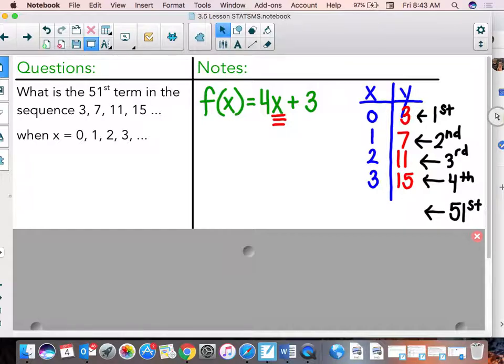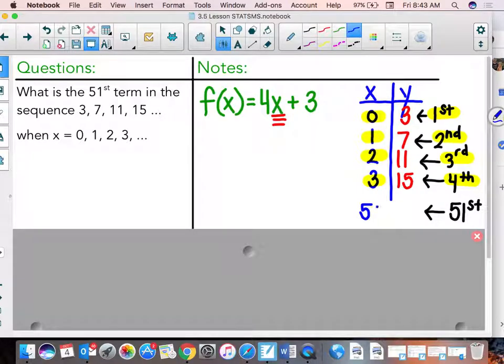Look at our pattern. If I want to find the first term, I am plugging in 0. If I want to find the second term, I am plugging in 1. If I want to find the third term, I am plugging in 2. If I want to find the fourth term, I am plugging in 3. So if I want to find the 51st term, I am going to plug in a 50 into my equation.